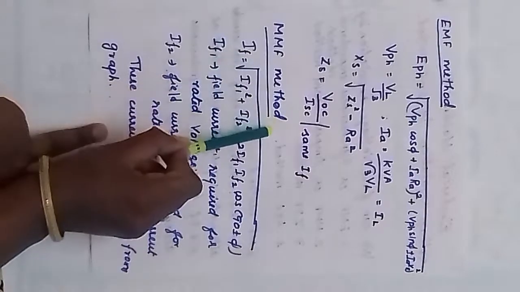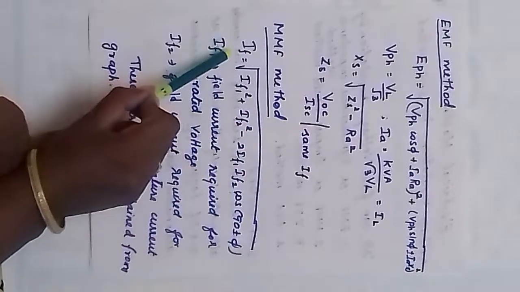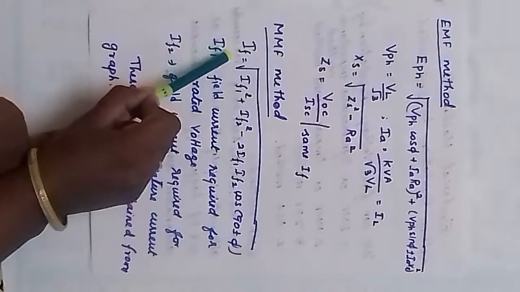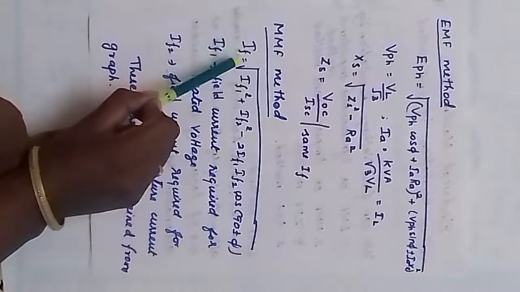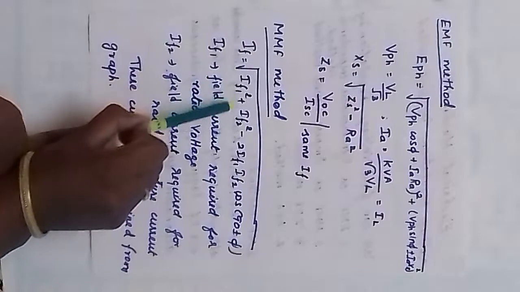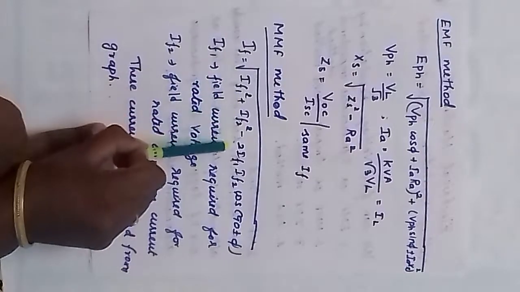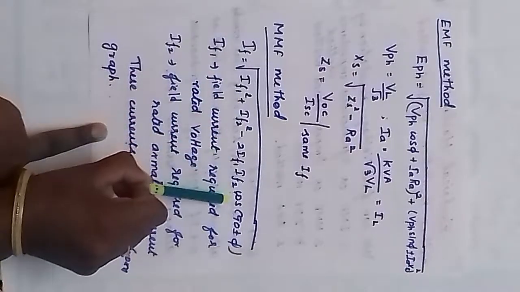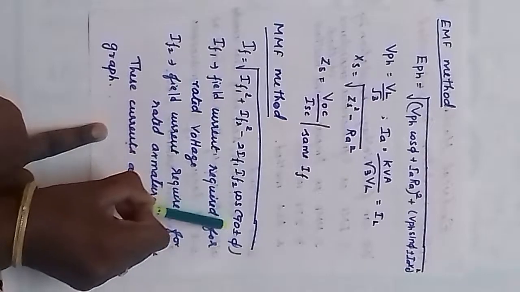And next one is the MMF method. MMF is also known as the ampere turns method. In this method, first we have to calculate the field current value, the field current required to produce the induced EMF E phase. So for IF, the formula is the square root of IF1 square plus IF2 square minus 2 IF1 IF2 cos of (90 plus or minus phi).